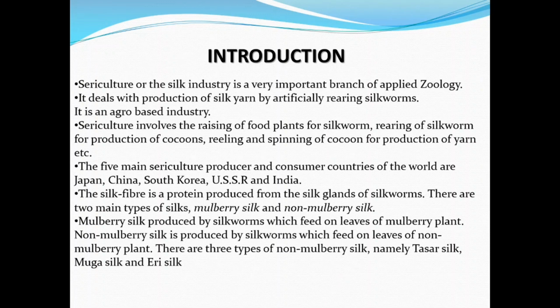Mulberry silk is produced by silkworm which feed on leaves of mulberry plant, and non-mulberry silk is produced by silkworm which feeds on leaves of non-mulberry plant, that is plants other than mulberry. There are 3 types of non-mulberry silk, namely tussar, muga and eri silk.